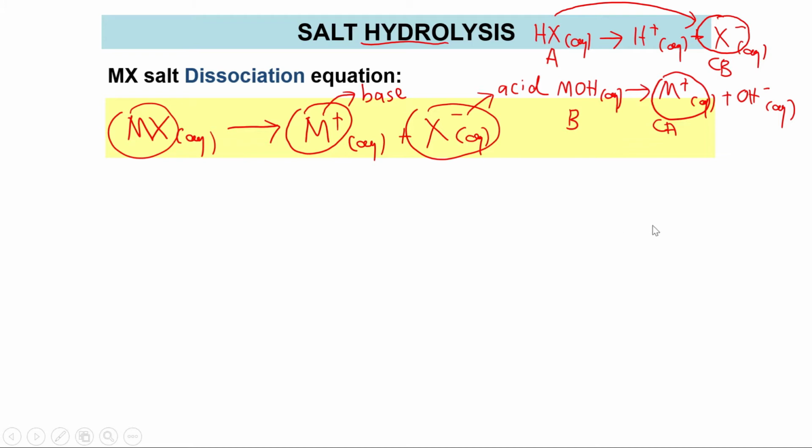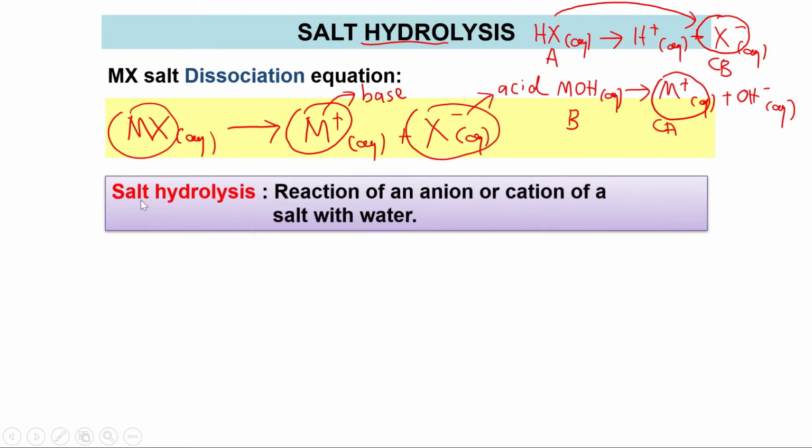So how do we define salt hydrolysis? Salt hydrolysis is the reaction of an anion or cation of a salt with water. Right? So that's how we define salt hydrolysis. That means we need to choose either one. So for a given salt, you need to identify whether the cation or the anion of the salt is going to react with water.